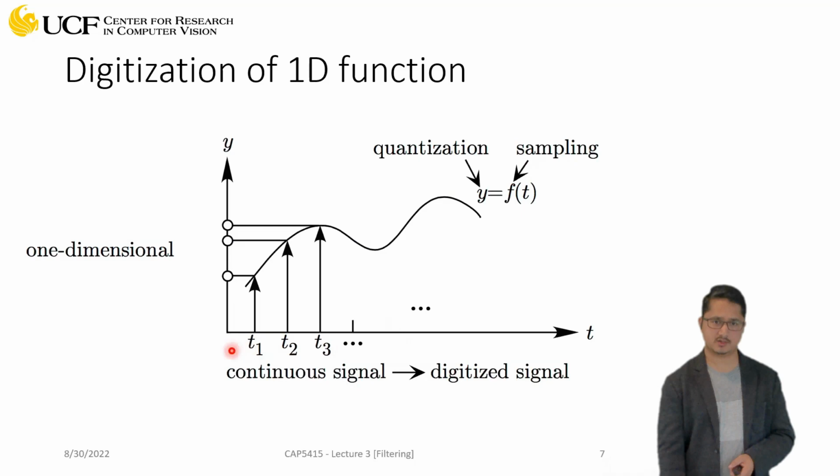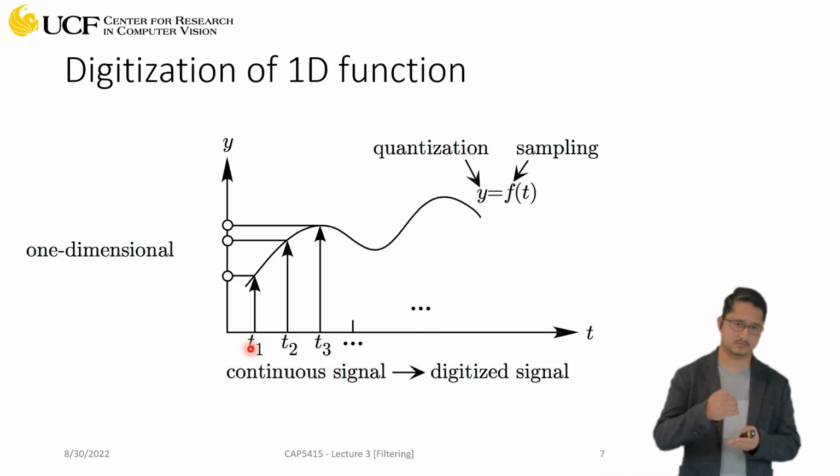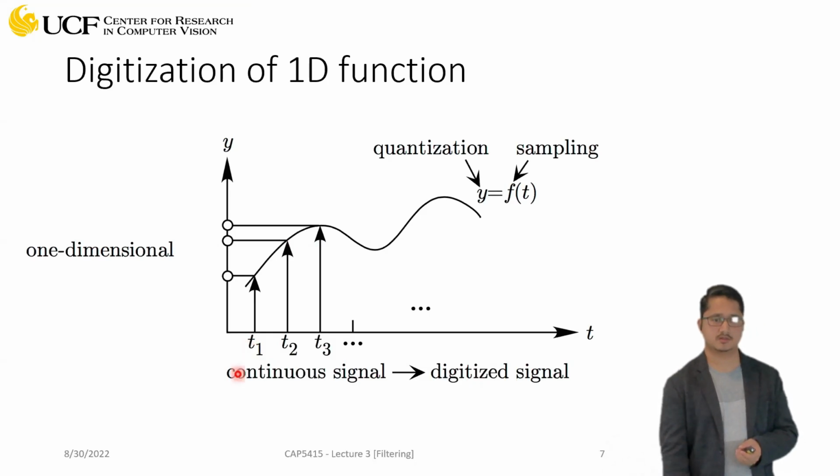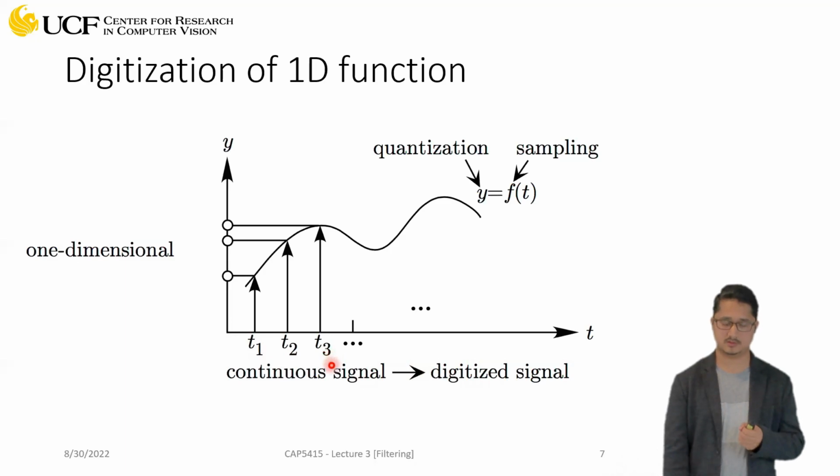So instead of having these continuous values, we pick certain values, maybe we divide it based on some interval. So these values T1, T2, T3, T4 are the discrete values which will act as the domain for this function. And converting the continuous space to these values, that's called sampling. What it means is this function is then only defined at these points. You can't define that function between T1 and T2.